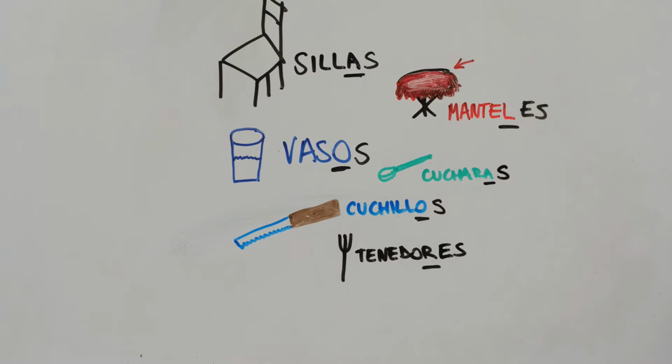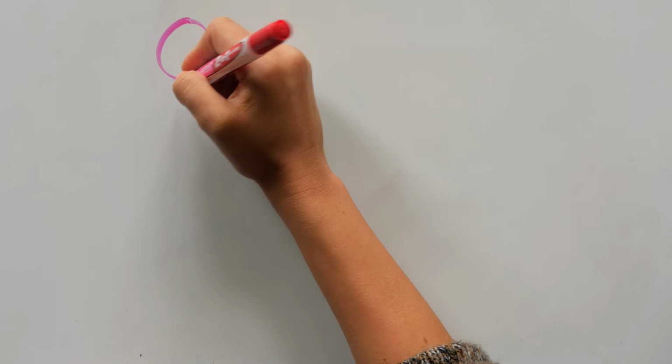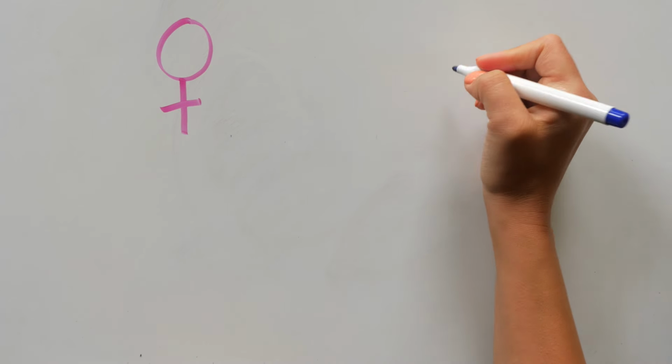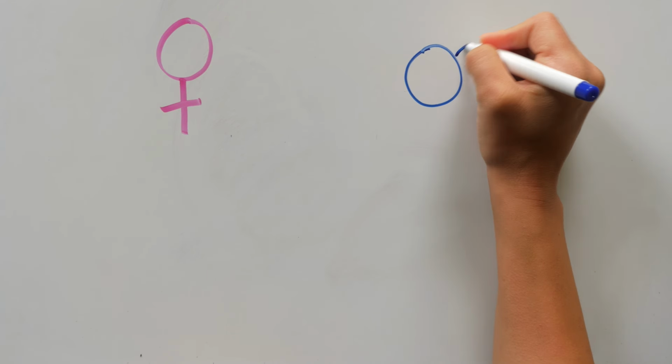Now, this is probably a good time to tell you that we also classify our sustantivos or nouns or things by gender. Yes, we do that. Anyway, our sustantivos can be either masculine or feminine. How to tell?